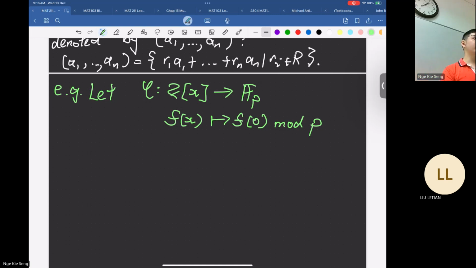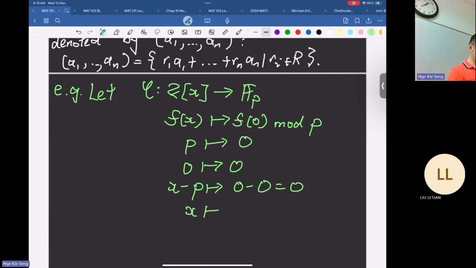P, right? First of all, p must get sent to 0, or any multiple of p. What else? 0 of course goes to 0, but that's a trivial thing that has to be satisfied by a homomorphism. What else? Sure, x minus p goes to 0 because x goes to 0.